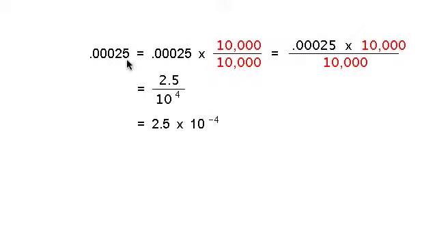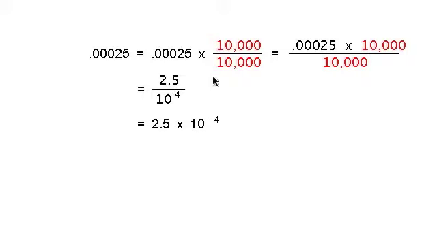So for a very small number, again, we're just multiplying it by 1. So here, to get the decimal point to be 2.5, we have to multiply by 10 once, twice, 3 times, 4 times. So that's this part. If we multiply it by 10 4 times, we get to 2.5.